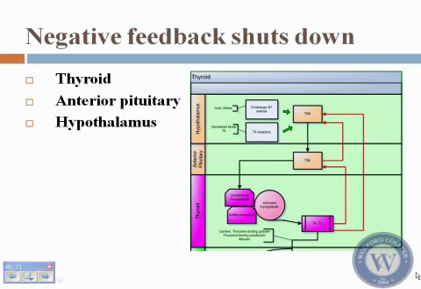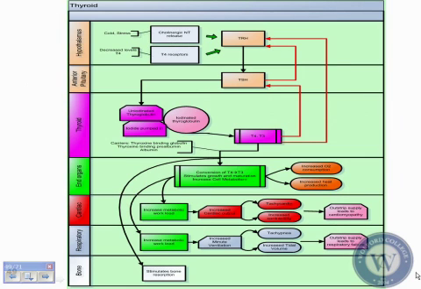Now, negative feedback mechanisms are there to shut the system down. The way it does it is T4 is very potent in its negative feedback on the release of thyroid-stimulating hormone as well as the release of thyroid-releasing hormone. Remember also, thyroid-stimulating hormone will inhibit back the release of thyroid-releasing hormone from the hypothalamus. Again, to show you the whole negative feedback mechanism is set up as a system. But once you get T4 into your bloodstream, there's really no shutting down the mechanism.